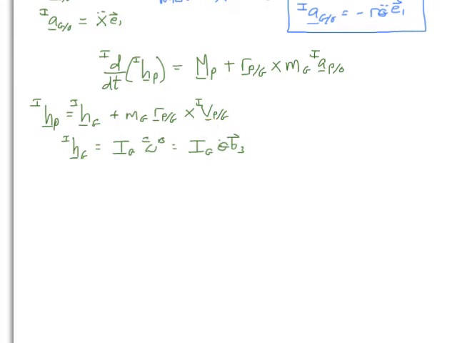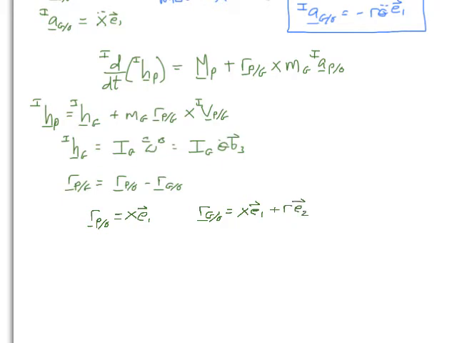And so we define our vector r of P with respect to G as r of P with respect to O minus r of center of mass with respect to point O. And defining each of those vectors, the position vector of point P with respect to point O is x in the E1 direction, and we've already defined G with respect to O as x in the E1 direction plus r in the E2 direction.